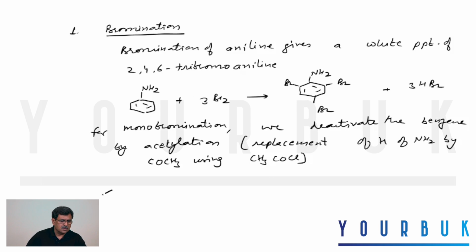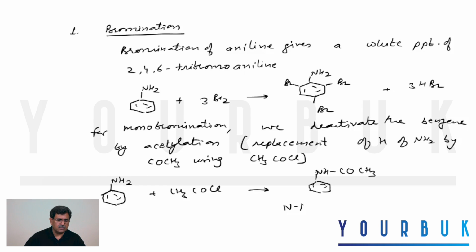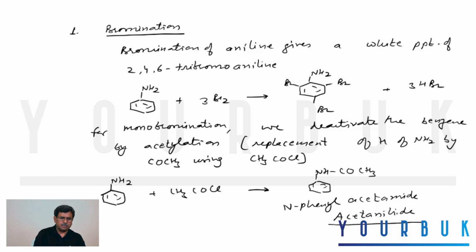So this is called acetylation, reacting aniline with acetyl chloride. It gives this compound, and this compound is called N-phenylacetamide, which has another name called acetanilide. The group still remains ortho-para directing but slightly deactivating as compared to the NH2 group.